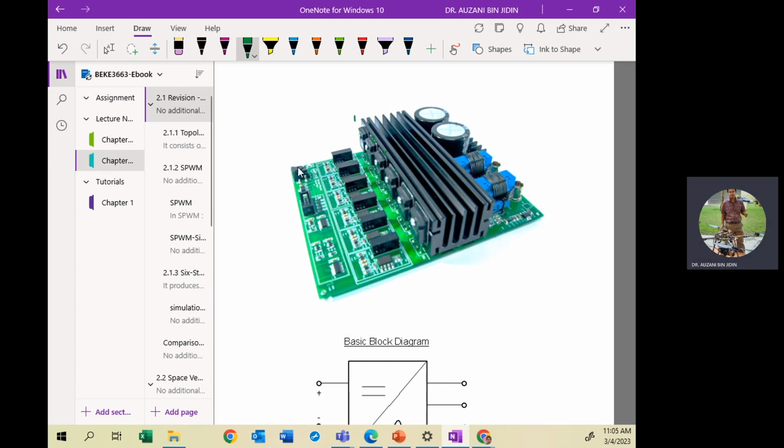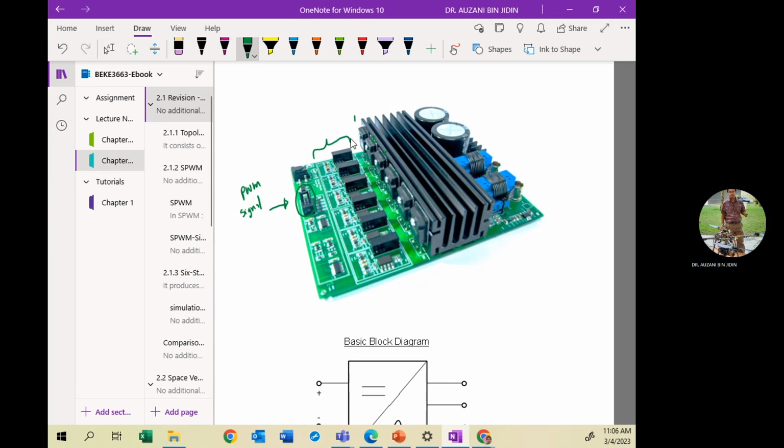You can provide the signal through this socket, which is a 10-pin socket, where this socket obtains the PWM signal from the microprocessor or digital controller. Before we connect the signal in order to drive the power switches, you must insert the gate driver circuit. So this is the gate driver, this part.